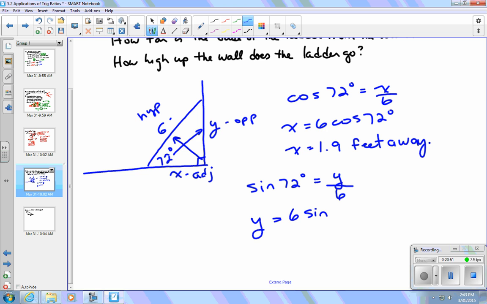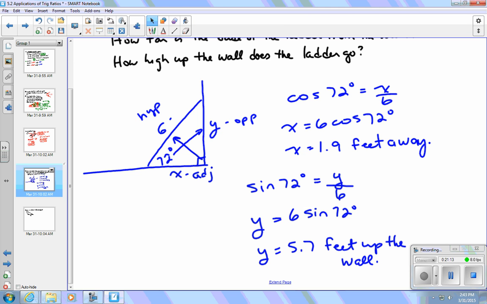So y becomes 6 times the sine of 72 degrees. And we get 5.71 or 5.7 feet. Okay, so that was using a trig ratio.